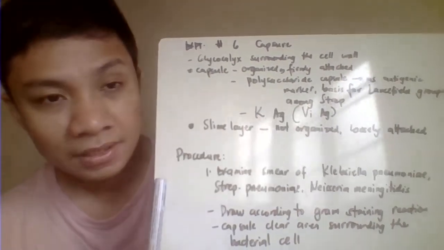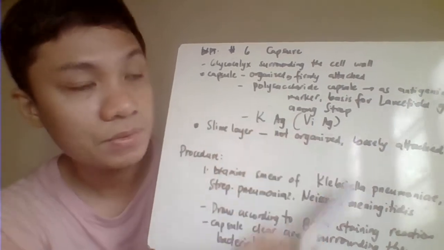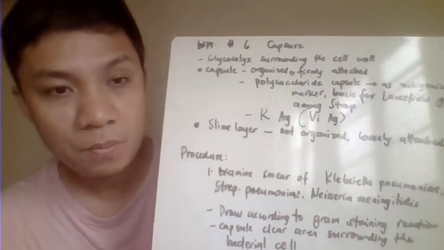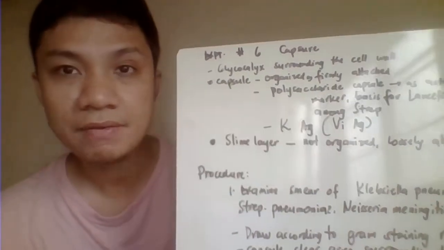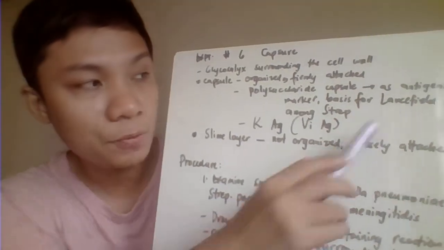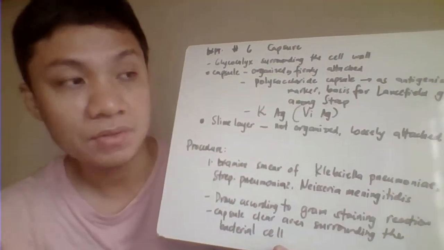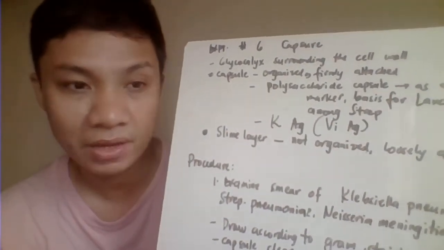The polysaccharide capsule also serves as the basis for the Lancefield grouping among the Streptococcus. We could classify Streptococcus according to their Lancefield grouping, which is based on their polysaccharide capsule. That's the basis for that.